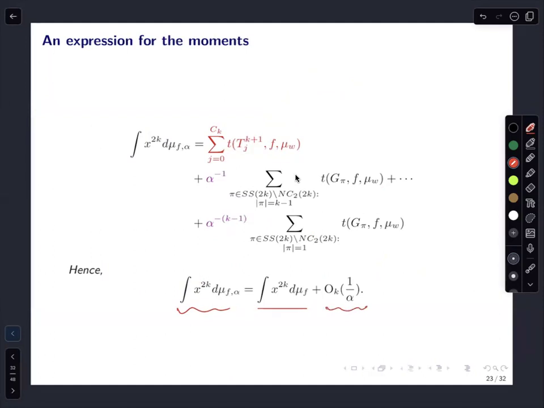Now, this is one way of comparing the distance, although we could not get the optimal results because we don't know how to exactly count these. So these are some partitions. They could be represented as some kind of colored trees, but we don't know how to do this.